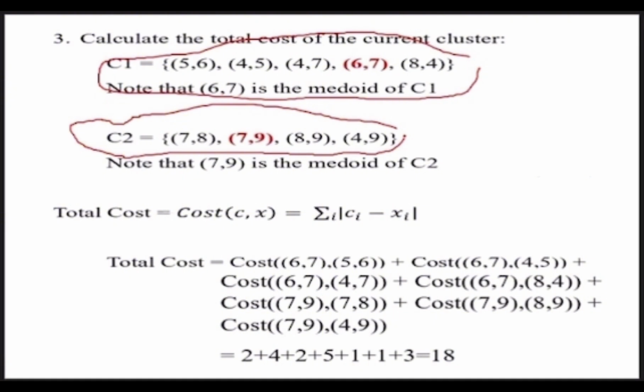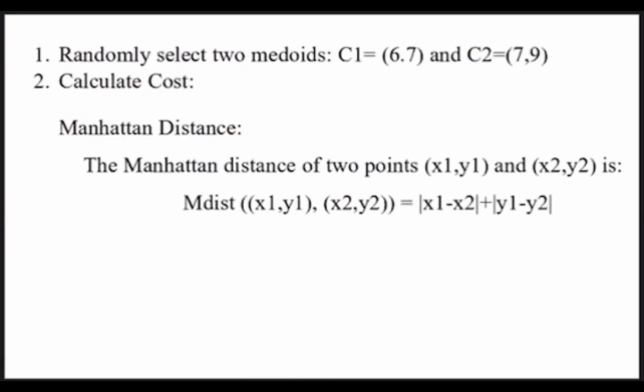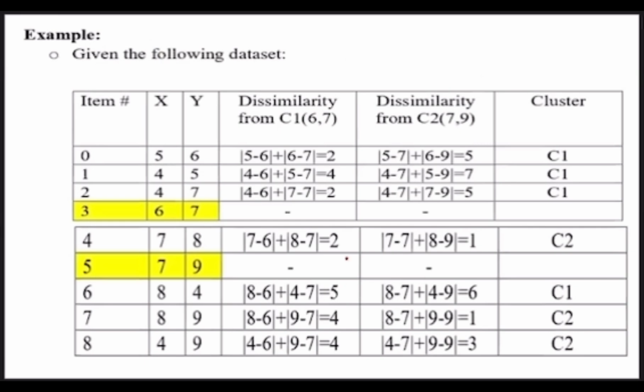Now, what I'm going to do is add the costs together. Some of you may be wondering, where do I get 2, 4, 2, 5? You're going to come here, and I need you to pay attention. When you take a look at C1, which one is the smallest?